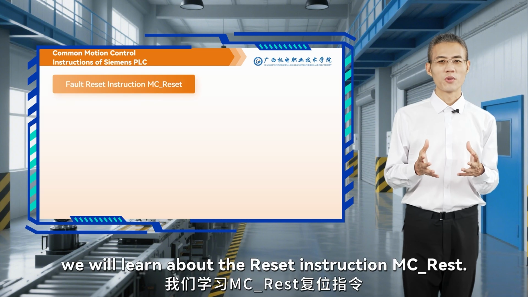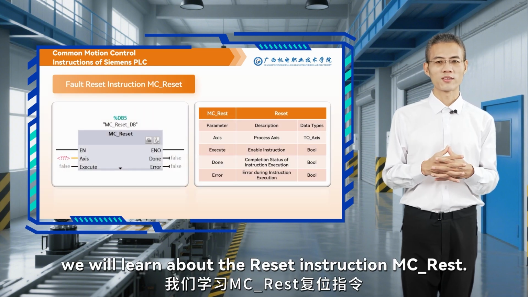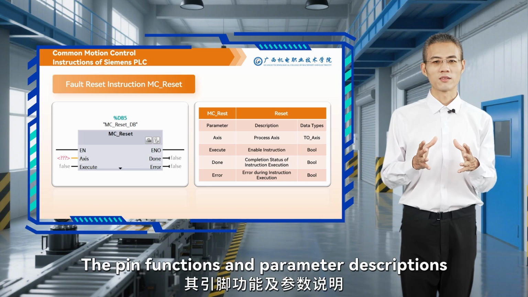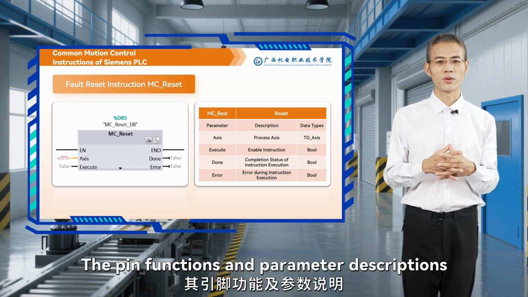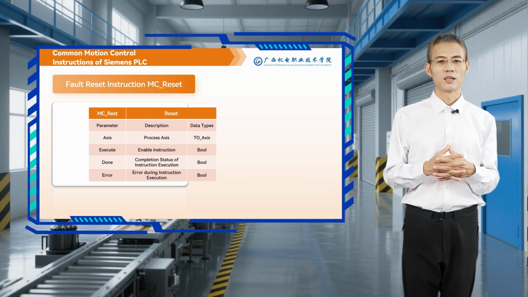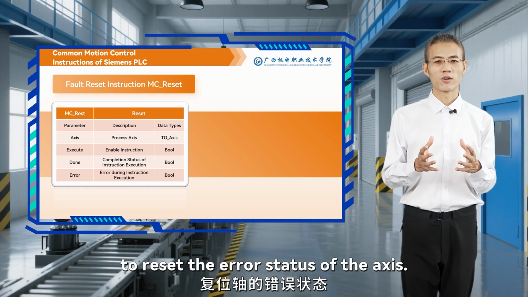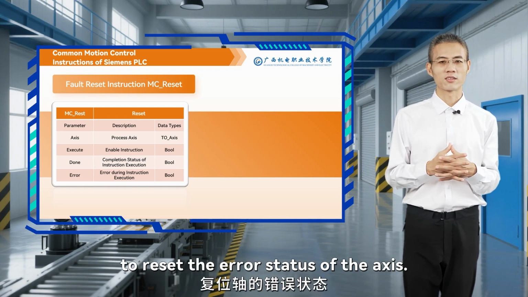Next, we will learn about the reset instruction, MC reset. The pin, function, and the parameter descriptions are shown in the table below. The MC reset instruction is used to reset the error status of the axis.